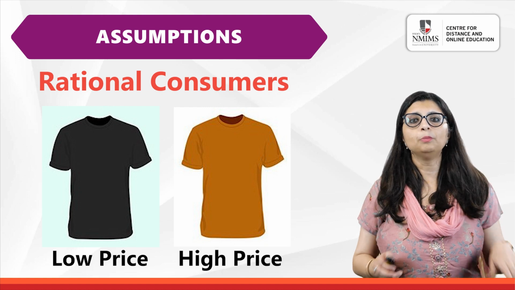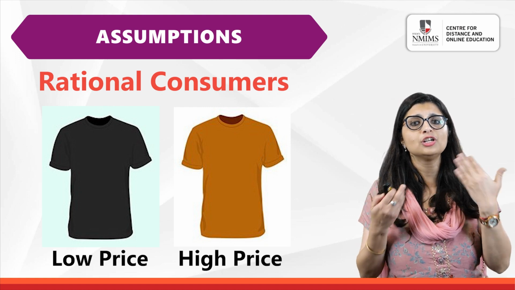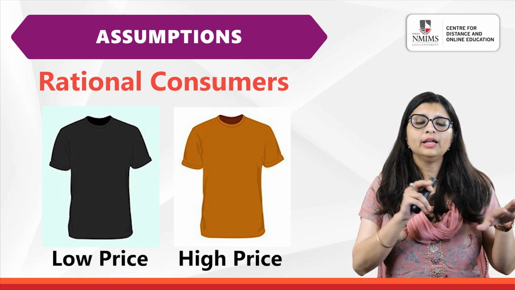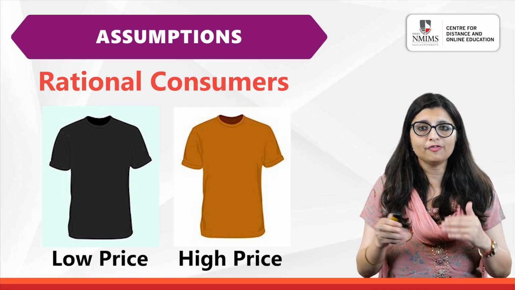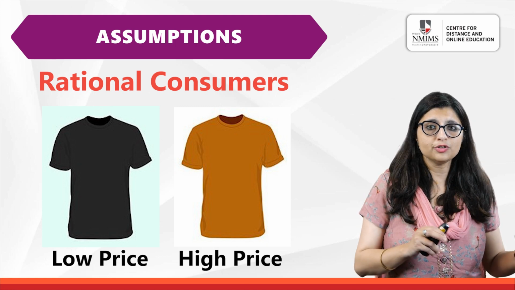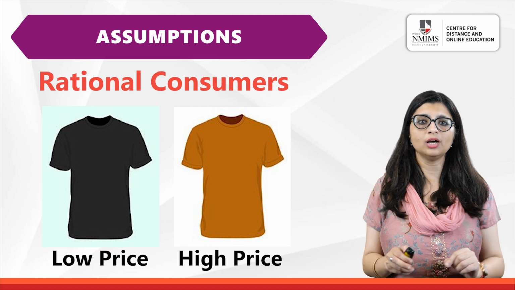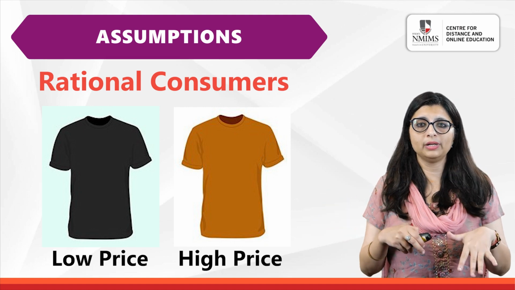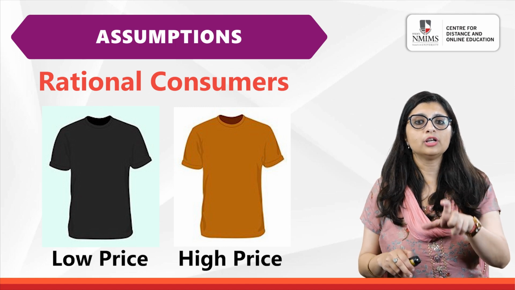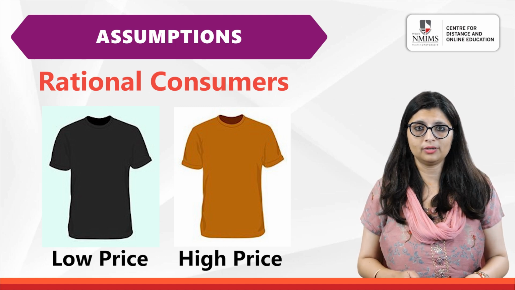In this example, both persons are making rational decisions. However, their rationalities are very different. While one consumer is making a choice depending on the price, the other is looking for the quality and durability of a product in return for a higher price.